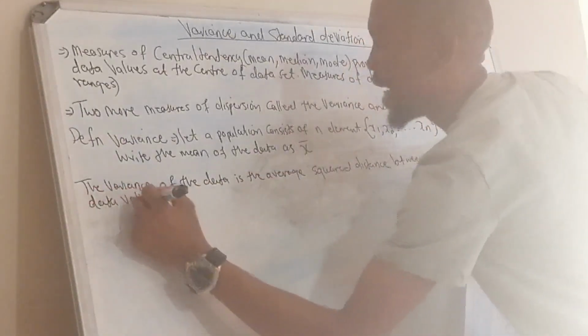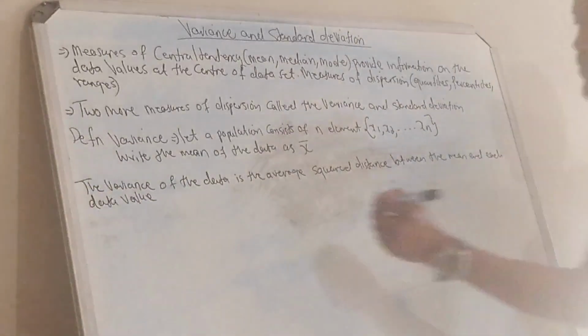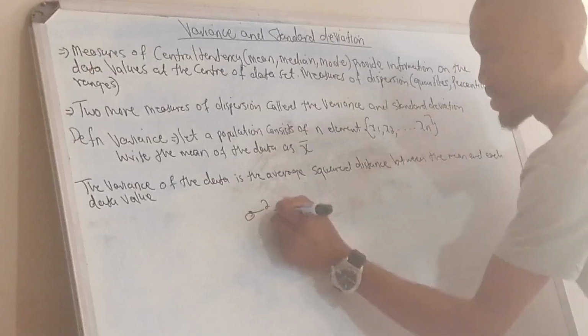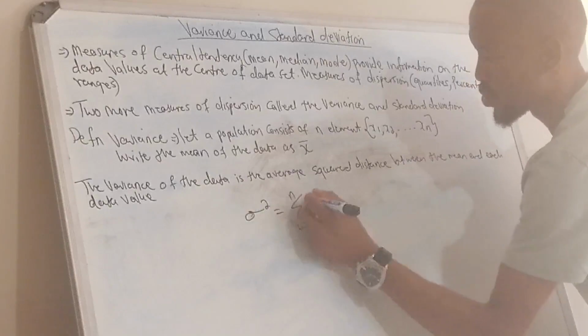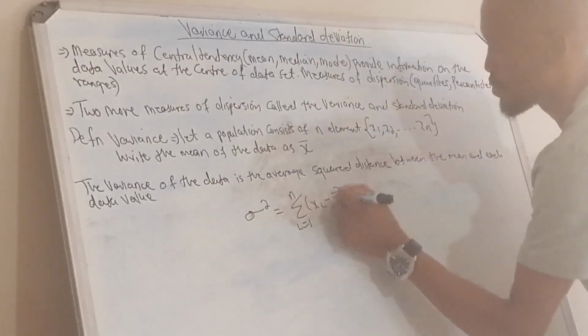So the variance equals the sum from i equals 1 to n of (xi minus x bar) squared, divided by n.